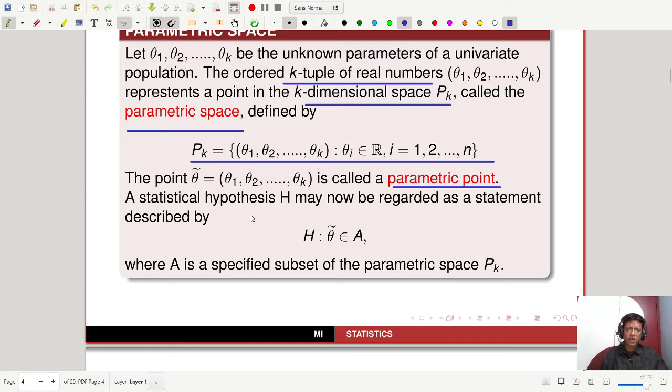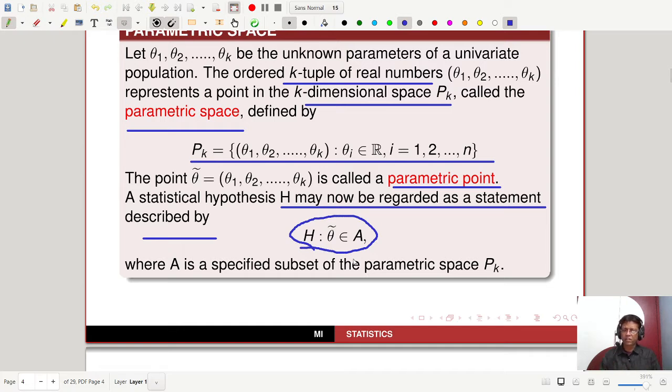So a statistical hypothesis H may be regarded as a statement described by H such that theta tilde belongs to A. So your hypothesis can be in a mathematical form.